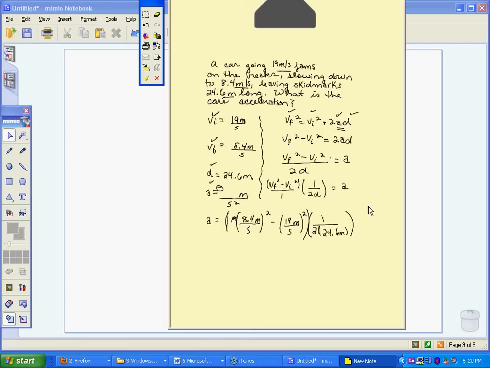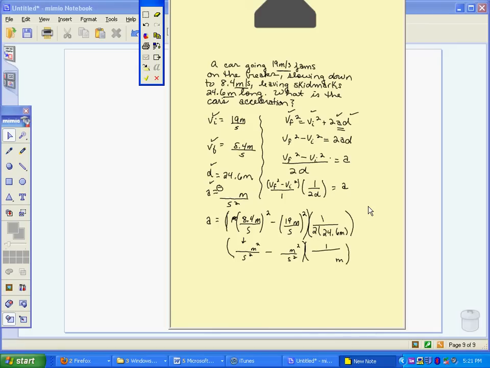Alright, before I do anything with my numbers, I'm going to look at my units to see if I'm ending up with the units I want to end up with. So this term is going to give me, as far as units, meters squared per second squared. Same thing here. Down here, I'm going to end up with meters on the bottom.